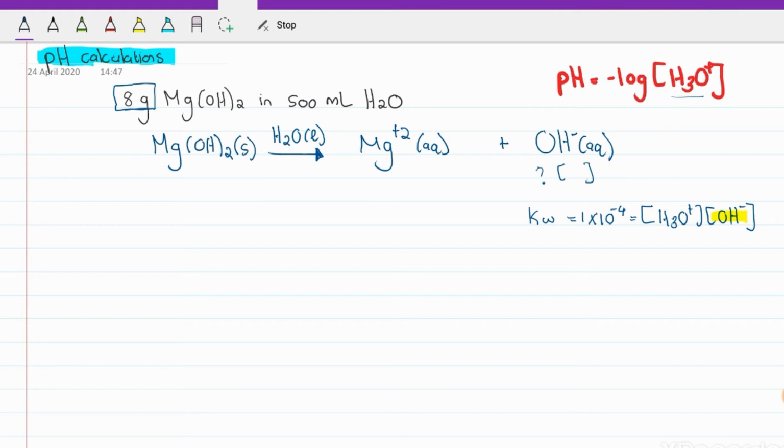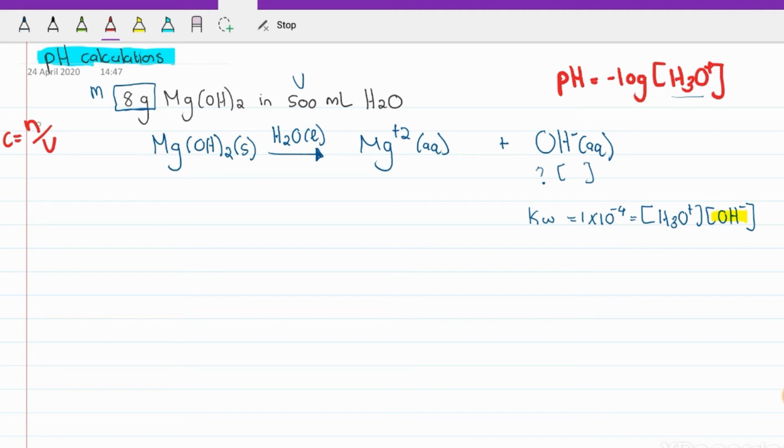So to do so, we are going to start by what we have. First of all, we have the mass, we have the volume. So if you have mass and volume, you can calculate concentration. The formula for concentration equals the moles divided by the volume.